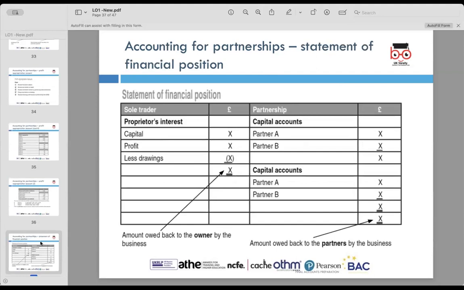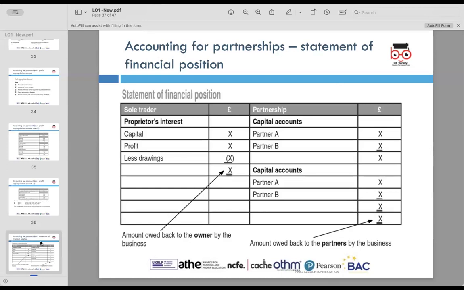Statement of financial position again. The statement of financial position for a partnership outlines the financial standing of the business at a specific point in time. It differs from that of a sole trader by incorporating multiple capital accounts representing each partner's investment and interest in the partnership.